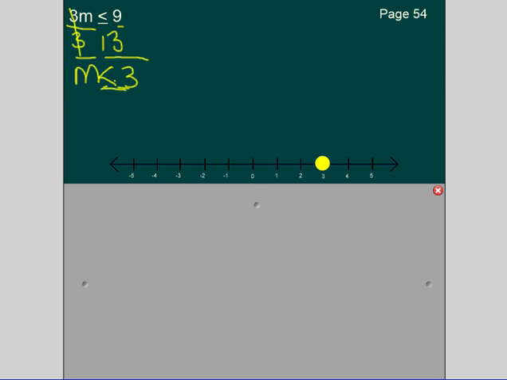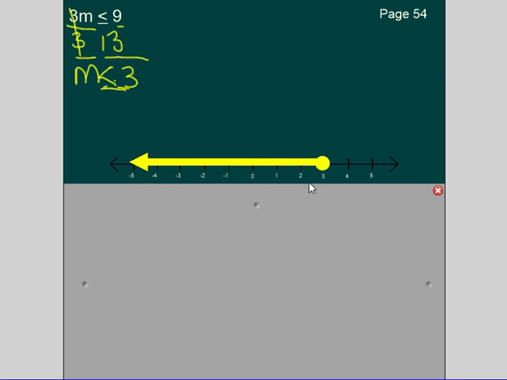Very good. And then I'm going to draw an arrow, like so. Since my inequality symbol is pointing left, I need my arrow to point left. Let me straighten that out for you. And I have m is less than or equal to 3.